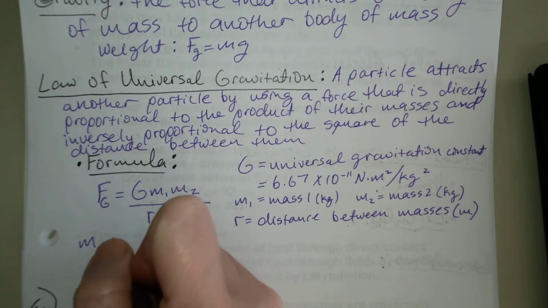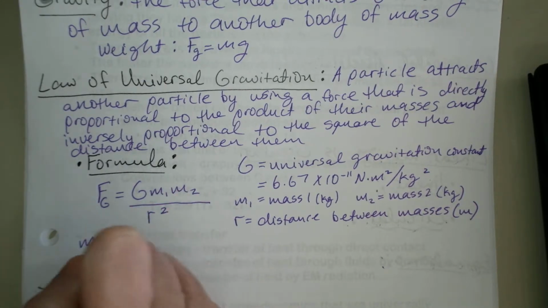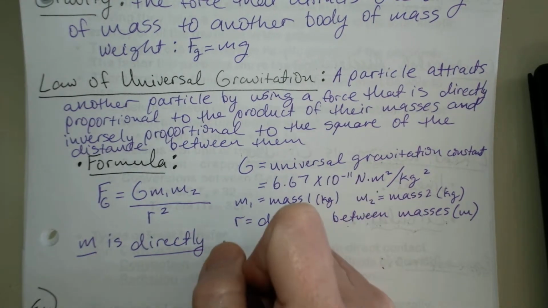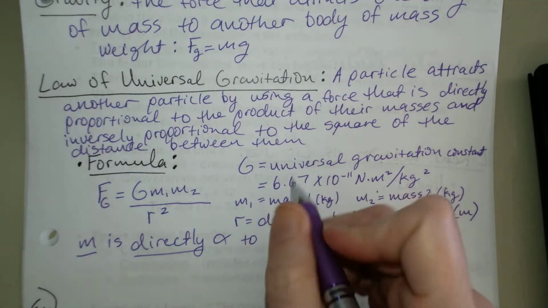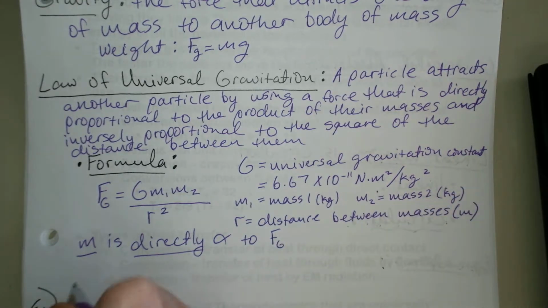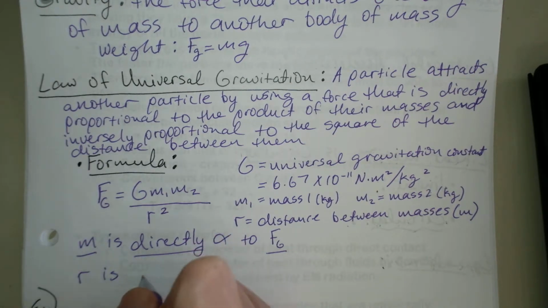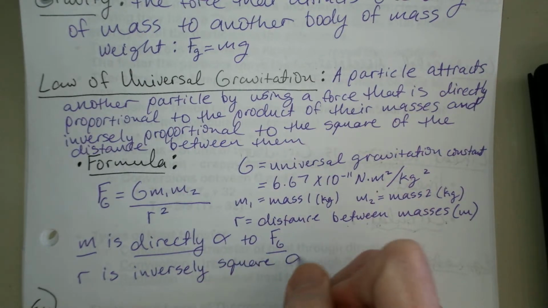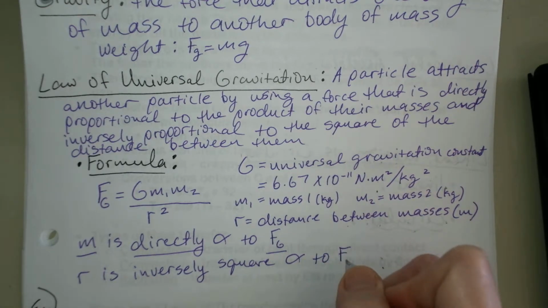So M is directly proportional to Fg, and R squared is inversely proportional to Fg.